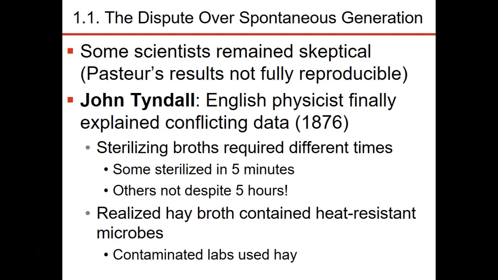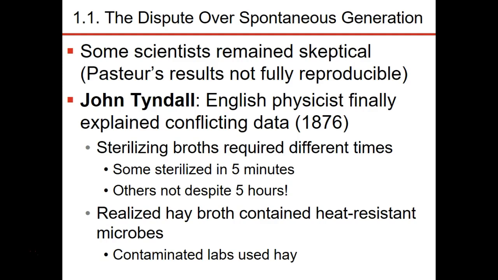And if they had their lab set up in their barn, then a lot of times the microbes that were there in the barn in the hay were actually heat resistant. So they produce these little structures called endospores.